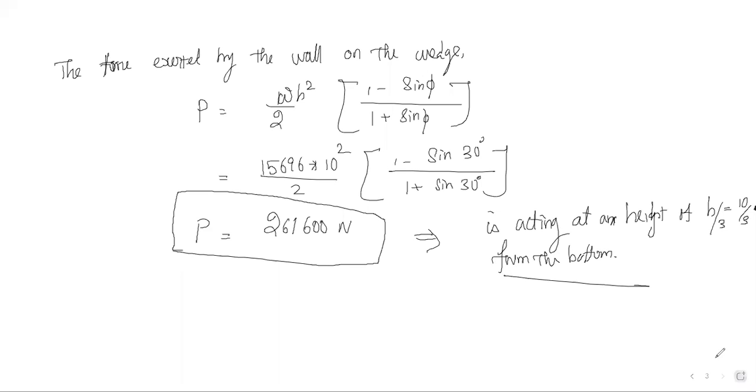Next, weight of the wedge, W is equal to weight density of the masonry.